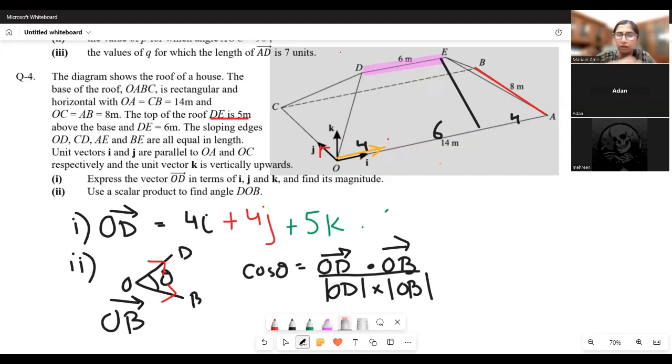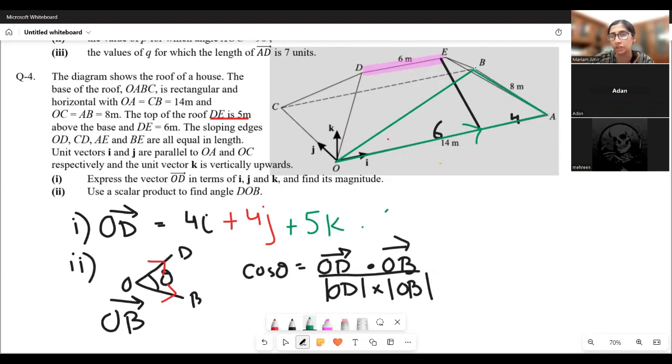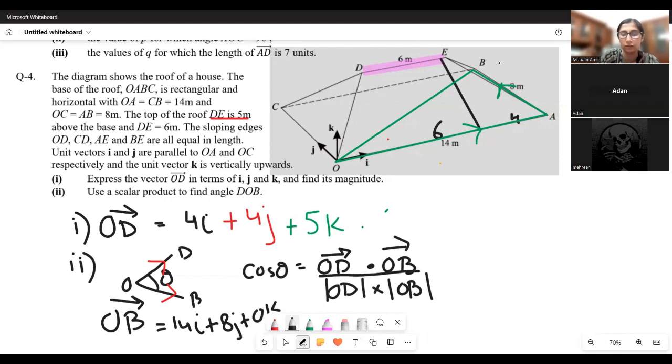Yes, we can easily go from O to B. So you go 14 units in I direction, and then you go full 8 units in J direction. There's no upward movement, so there's no movement in K direction. So OB is 14I plus 8J plus 0K.